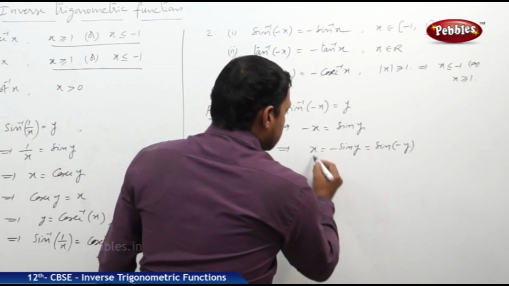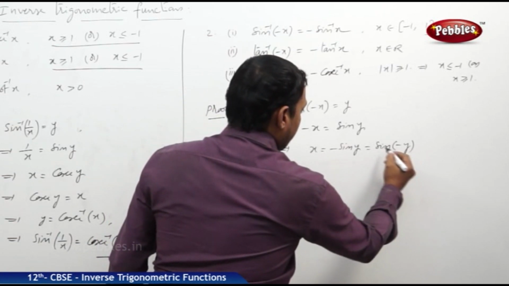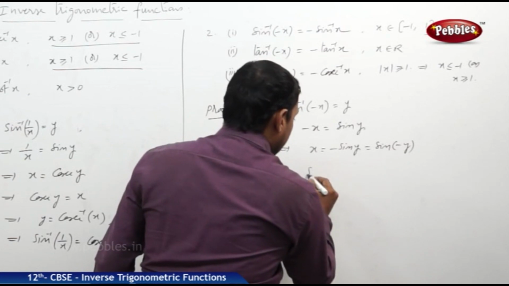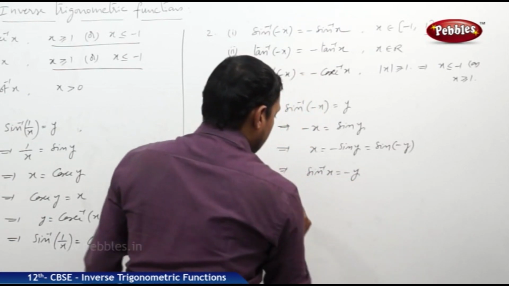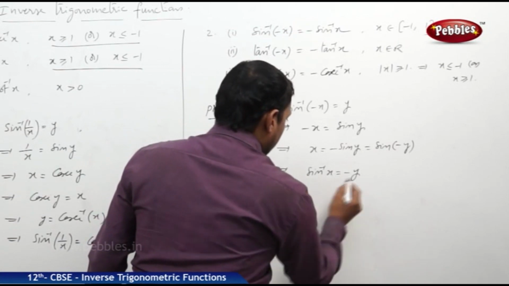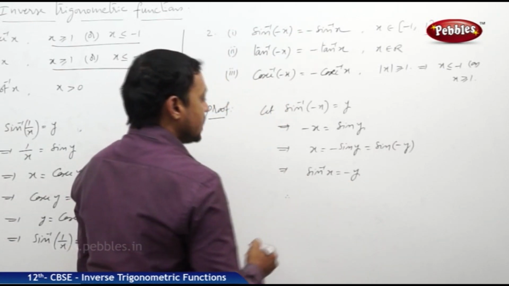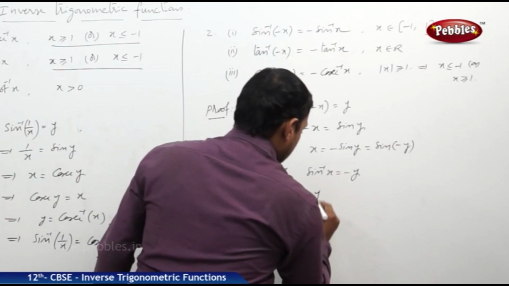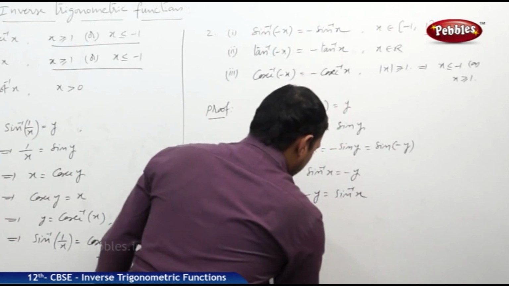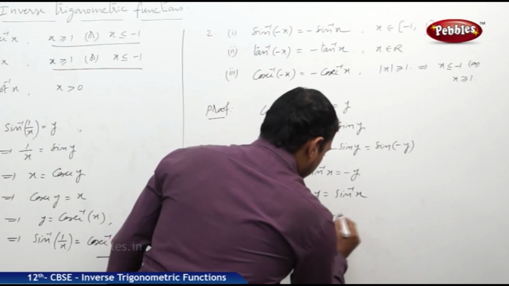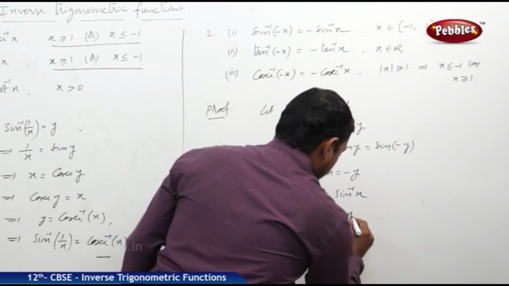Now, x is equal to sin of minus y implies sin inverse x is equal to minus y. Therefore, minus y is equal to sin inverse x, multiplying by minus on both sides, y is equal to minus sin inverse x.